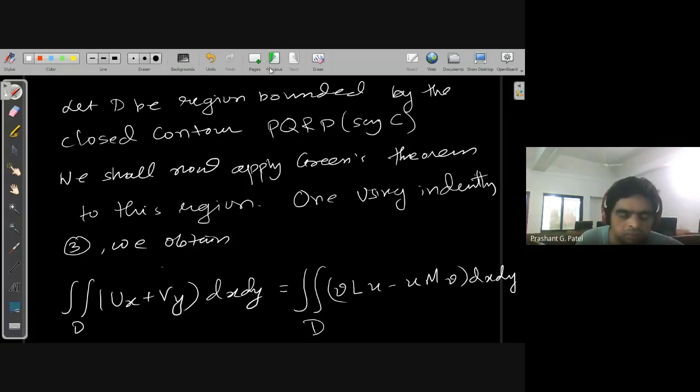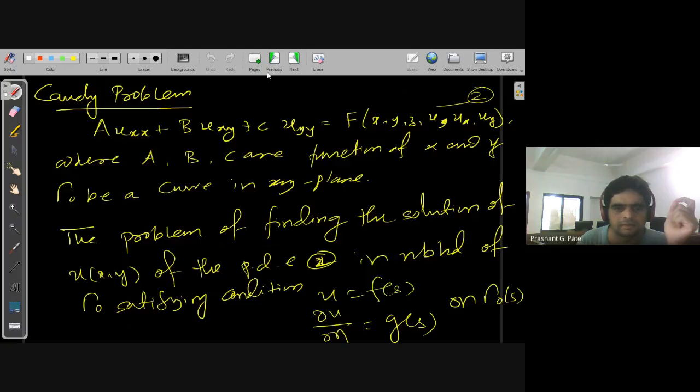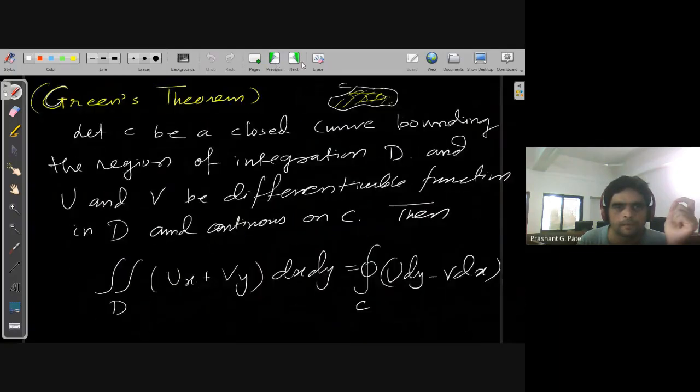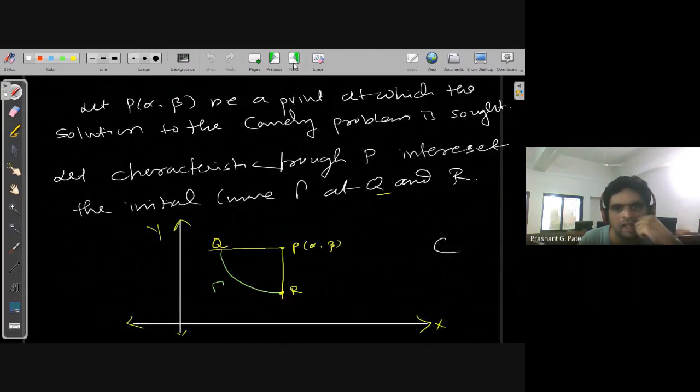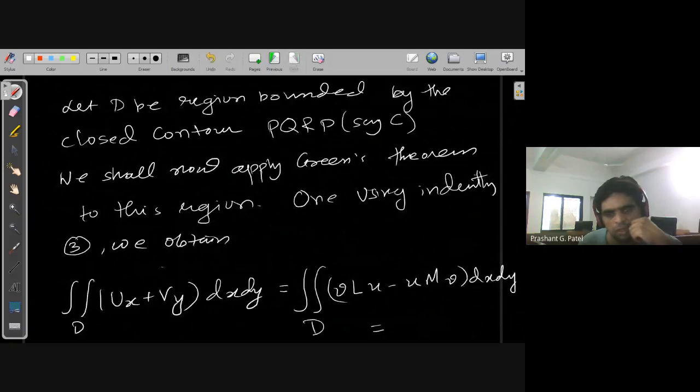What is Green's theorem? It tells you that this double integration will change to a single integration, that is, the single integration of u dy minus v dx over the entire curve C. So we'll have this using Green's theorem.